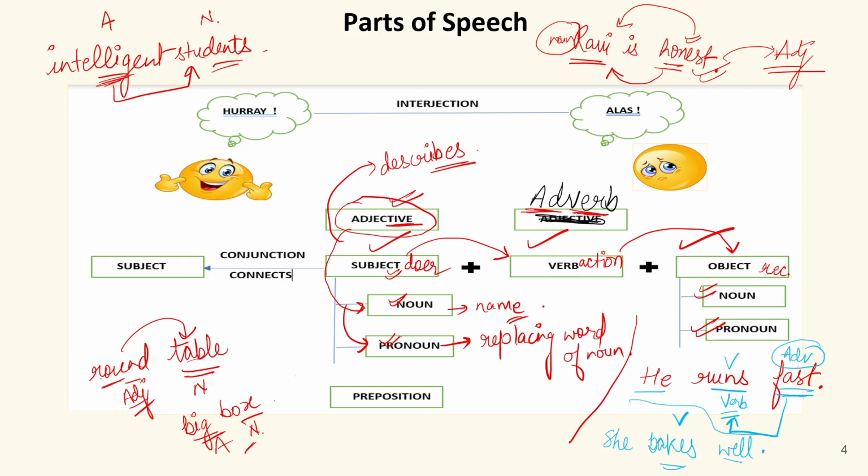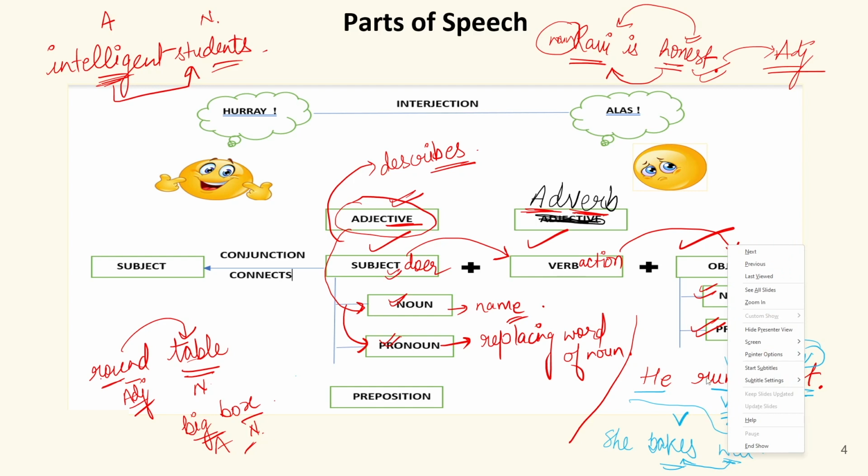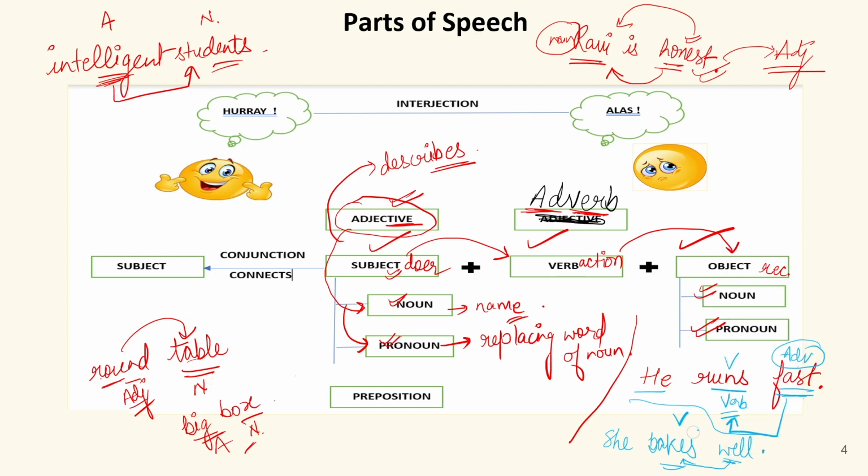She bakes well. So well is stating the quality of her baking, that she bakes very well. So bakes is a verb over here, and the word well is telling us the quality of bakes. Now well is an adverb over here because it is stating the quality of bakes, that is a verb.